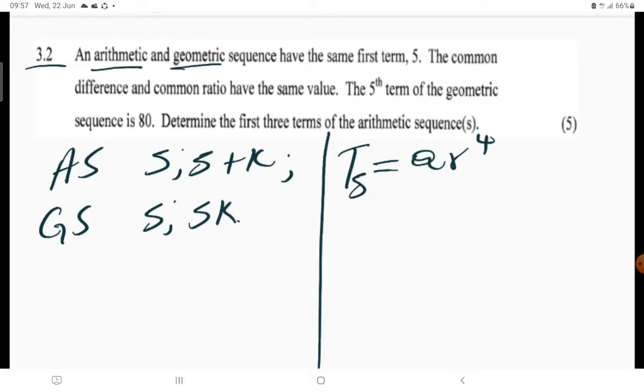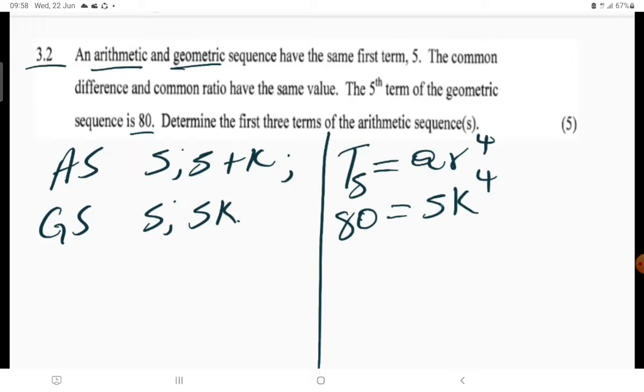They say the fifth term is equal to that, so in the place of the fifth term, you write 80. Then in the place of A, remember you do have 5. In the place of R, remember that we just have K, but K squared anyway, now K to the fourth, right?